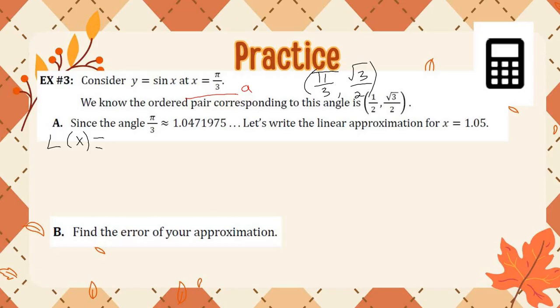So what's the other thing that we need? A point and a slope. So what do we need to find? A derivative. What's our derivative? Cosine of x. Are we okay with that? So then what is it at pi over 3? 1/2.